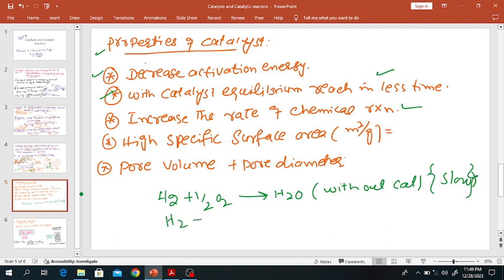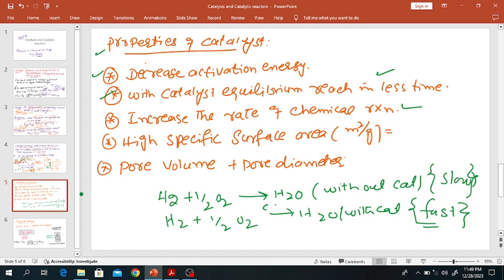With catalyst, it is a fast process. So catalyst increases the rate of chemical reaction.